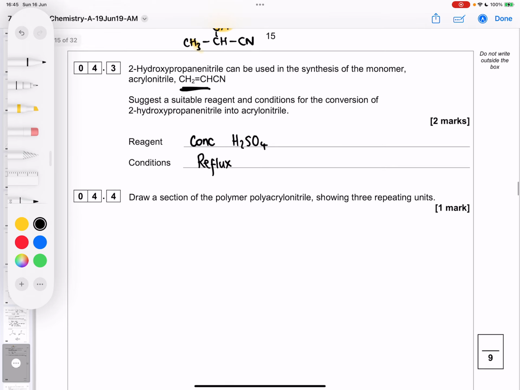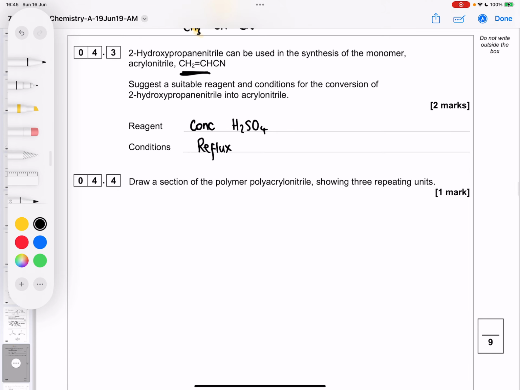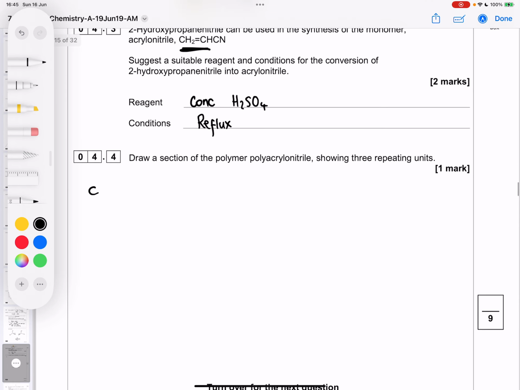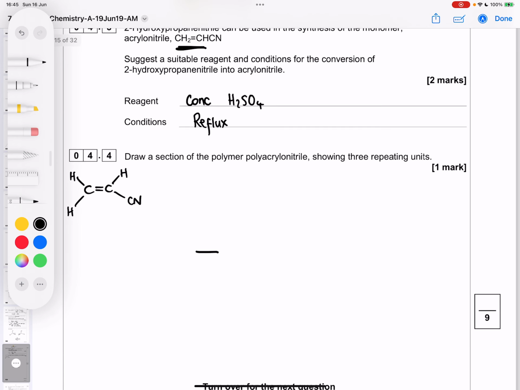And then we need to draw a section of the polymer showing 3 repeat units. So if you can just sketch out the acrylonitrile in what looks kind of like a starfish shape, where its arms and legs are sticking out, you can think about how when that goes up and down, how those stretch itself out, how those groups will align.